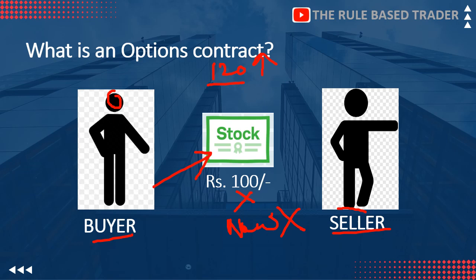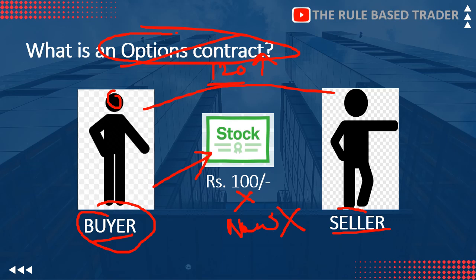In this case, the buyer comes into an agreement with the seller, which is known as the options contract. This options contract says the buyer has the right but not the obligation to execute this options contract within the specified time period.